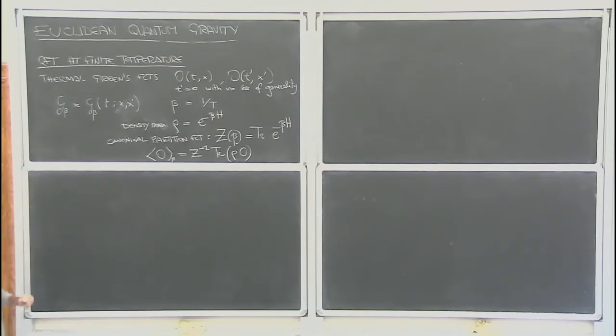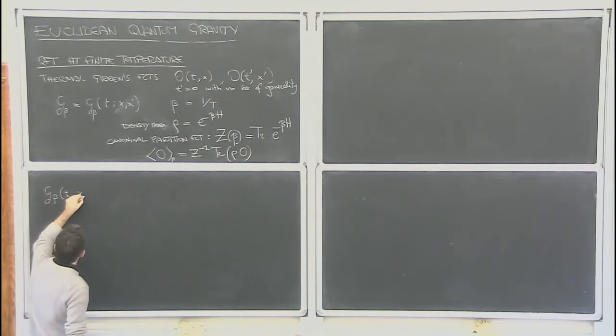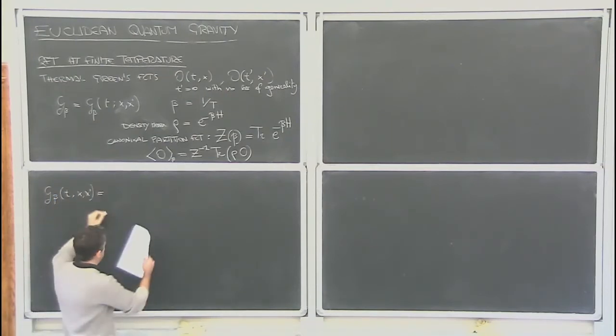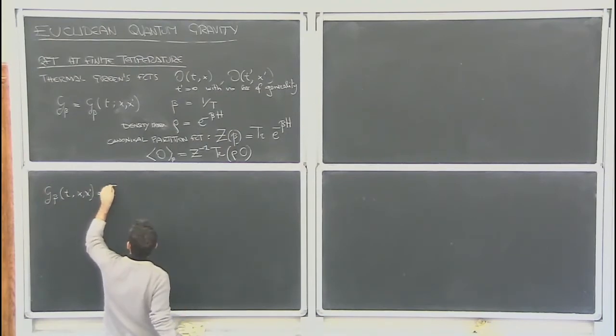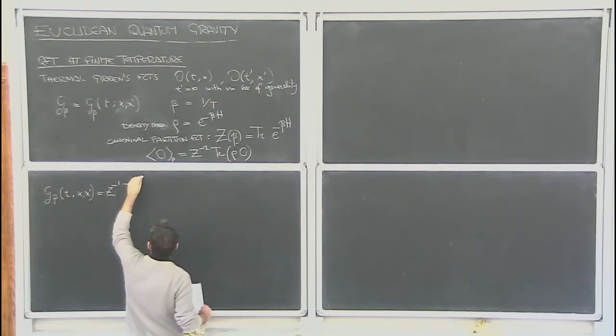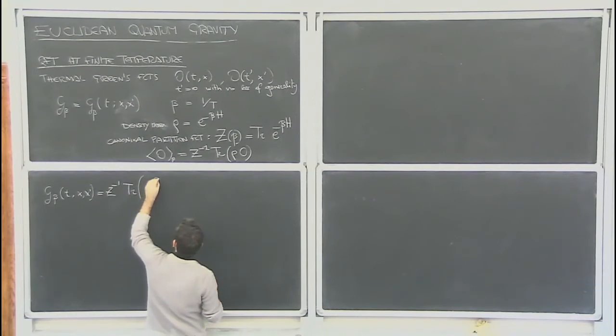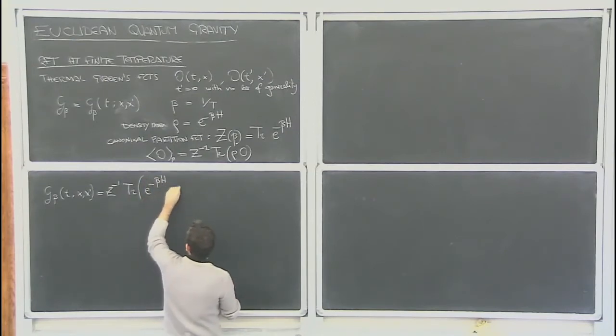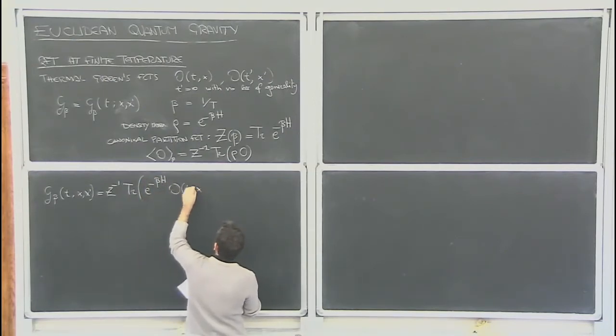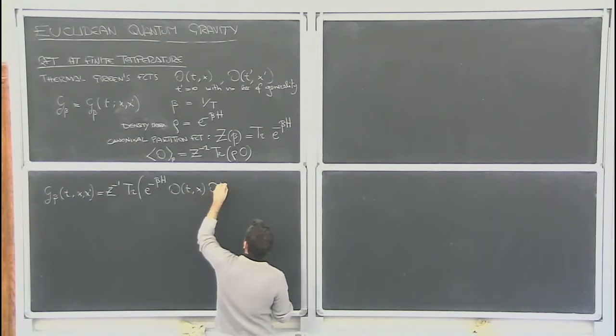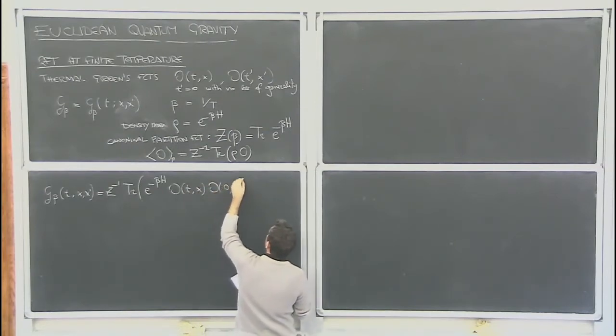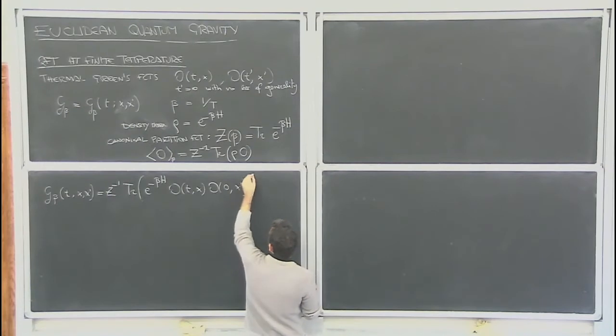I write the same thing for the Green's function. So G beta of t, x, x prime will be Z to the minus 1 times the trace of e to the minus beta H times O of t, x, O of 0, x prime, and then I close the parentheses.